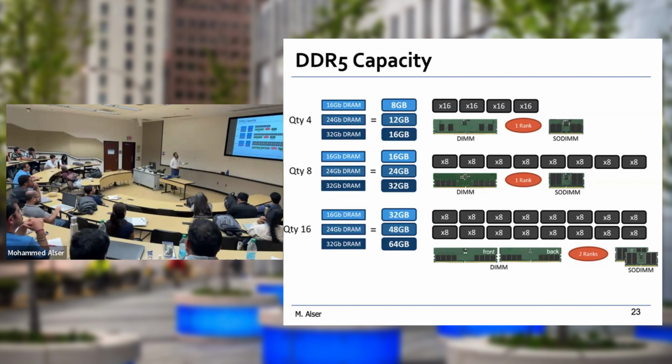You could have also 16 of them, but in here you have more than 1 rank. Okay? Remember, it doesn't matter. If you have really 16 of them, you can still access only 1 rank. So by the end of the day, you will access only 8 chips of those. Okay? That's why in total you should get 64. So it doesn't matter if you have 1 rank or 2 ranks, but it matters only when you overlap the accesses.